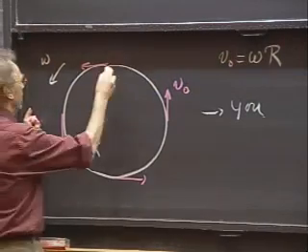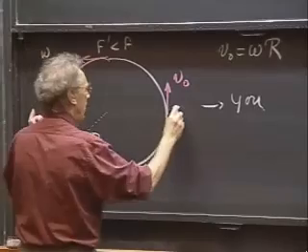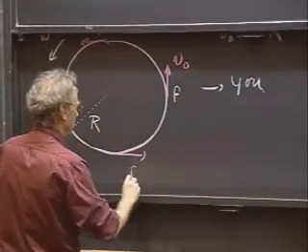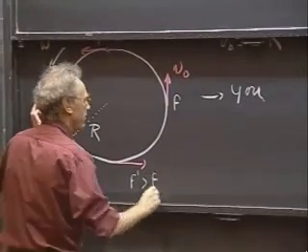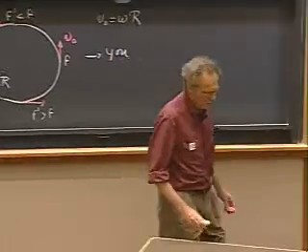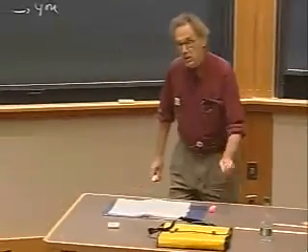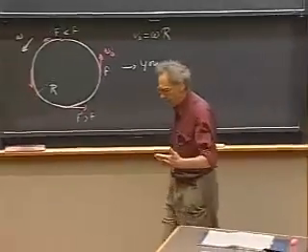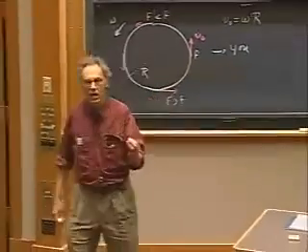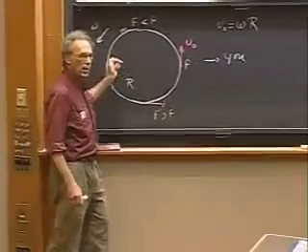So it's clear that if it moves away from you, then f prime will be smaller than f. Here f prime will be f. And here f prime will be larger than f. And so as you listen to this sound, you will hear the sound change in a sinusoidal way, because what matters is not the speed of the sound, but the speed of the source, the radial component in your direction.